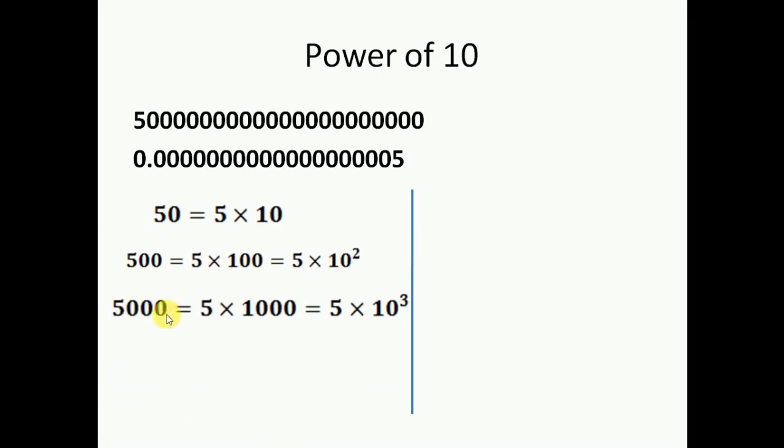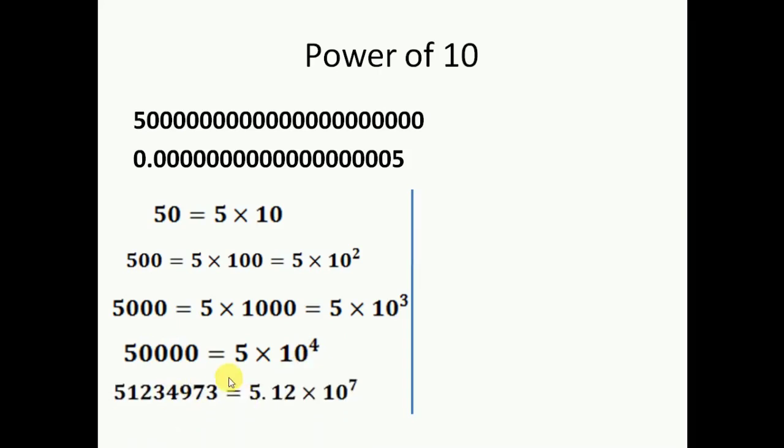Similarly, if you keep on adding zeros, 5000 can be written as 5 into 10 to the power 3. So you just write 5, count the number of zeros, and write into 10 to the power the number of zeros.